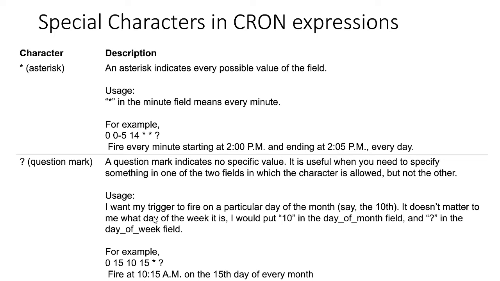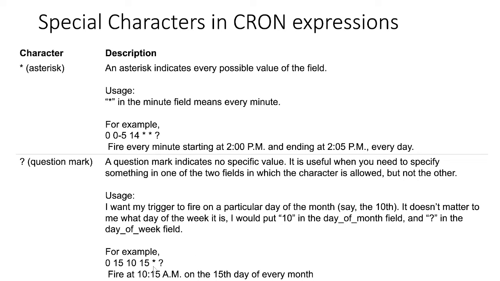It doesn't matter what day of the week it is. It can be Monday, Tuesday, Wednesday, it can be anything. Your condition is you need to run it on the 10th of every month. Okay, so the day of the week will be optional for you.